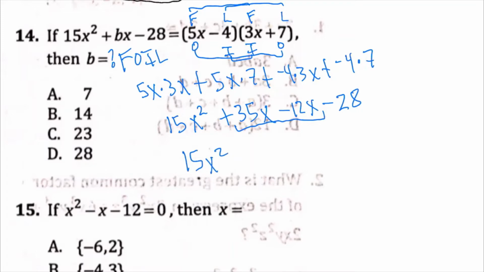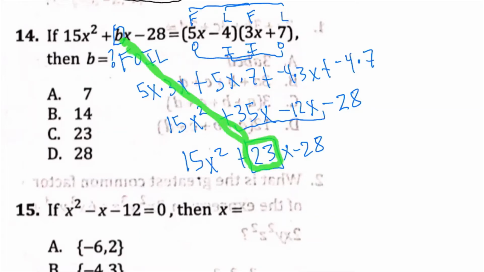Now 35 minus 12 is what? 23. Let's double check. 35 minus 12 is 23. Minus 28. So here is my b value. Boom. So my final answer here is going to be C, 23.